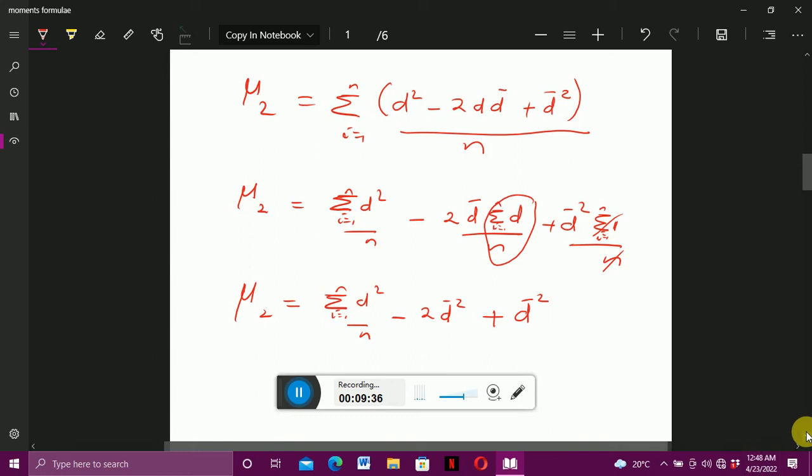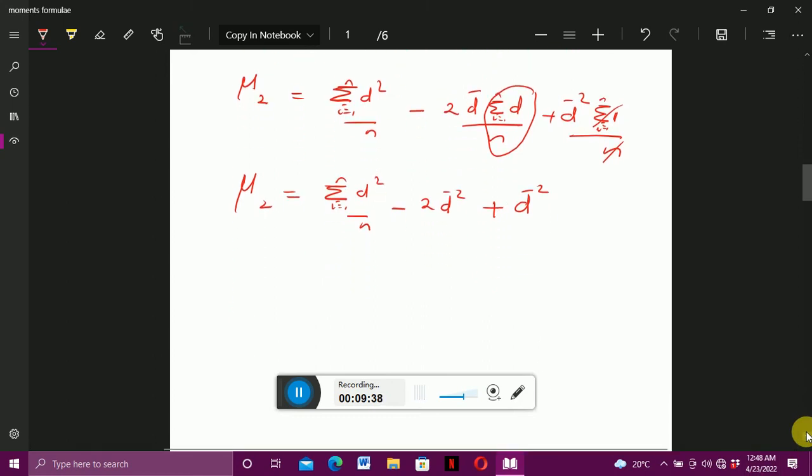So we put this and that together. We have mu2 is equal to the sum of d squared over n minus 2 d bar squared plus d bar squared, so we are going to be left with just minus 1 d bar squared.